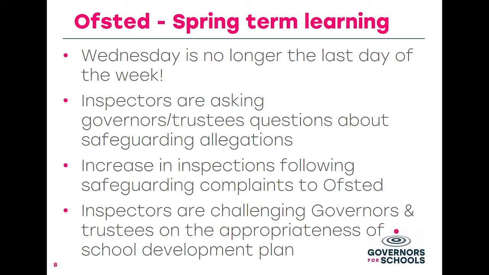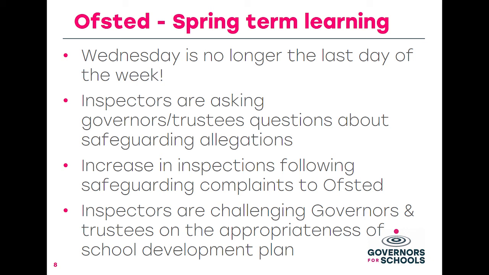Now, this is a delicate balance between, as governors and trustees, receiving enough information back from your school to demonstrate that you are reassured as a governing body that all is being done to support children, but also remaining strategic in ensuring that you don't have individual information about any children or families.